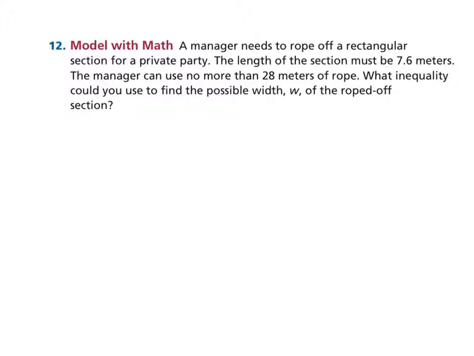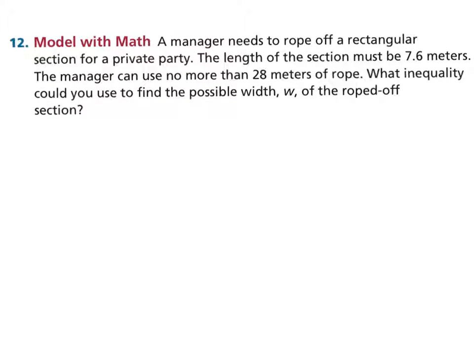Number 12, a manager needs to rope off a rectangular section for a private party. Okay, first thing when I see that on this problem, I'm going to go ahead and draw a rectangle. You might think, well, I don't need that. It doesn't hurt anything to draw it.